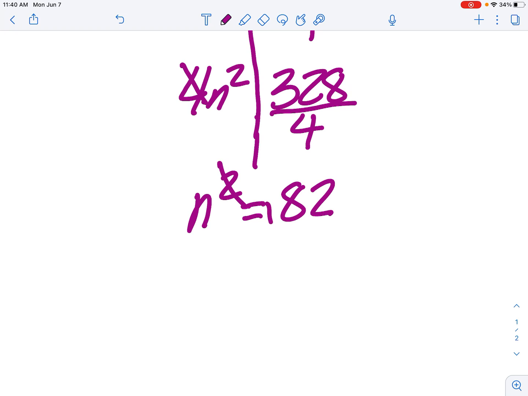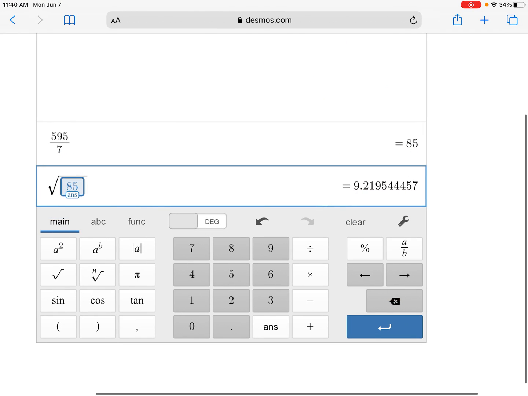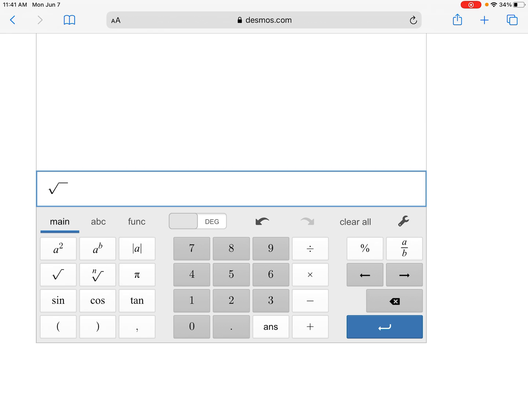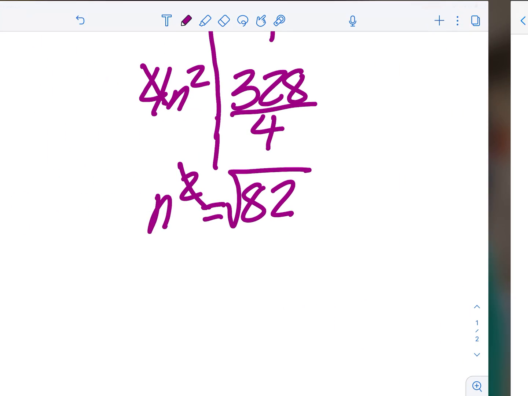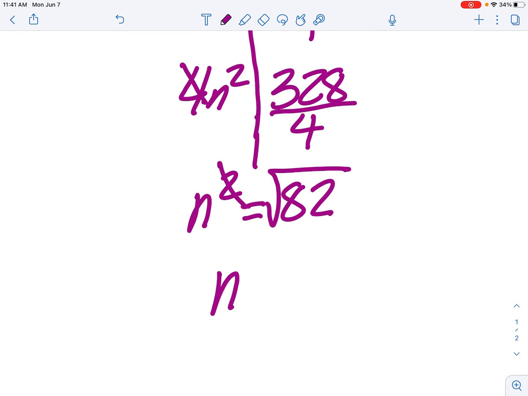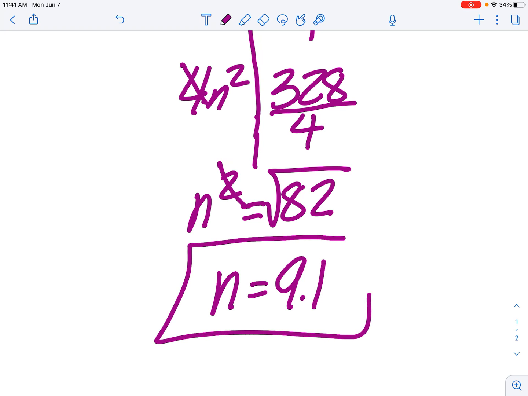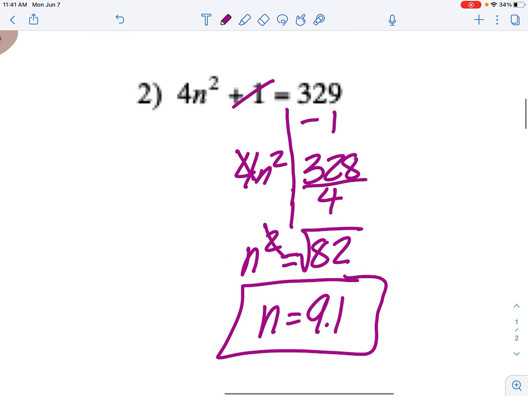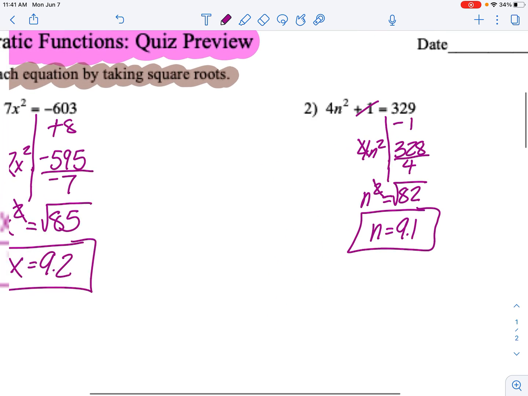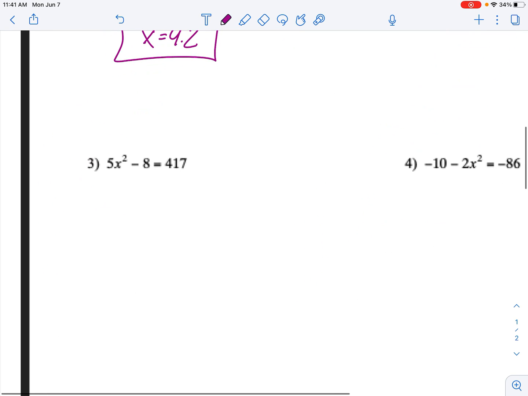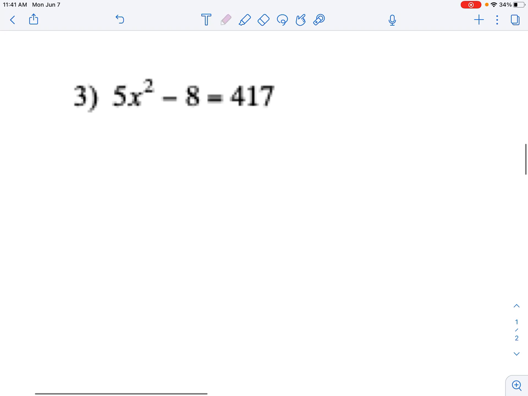The opposite of squaring is square rooting. The square root of 82 is 9.05, which rounds to 9.1. N is equal to 9.1. All right, 2 down.